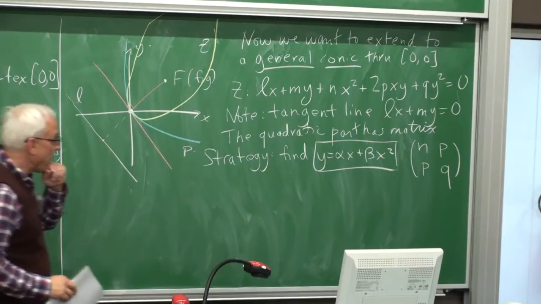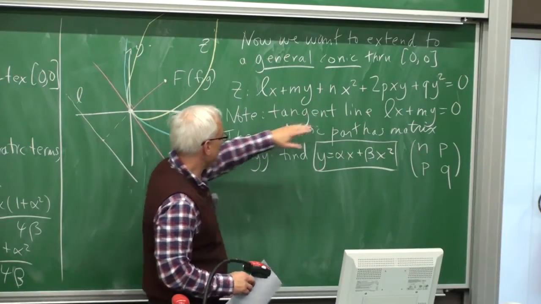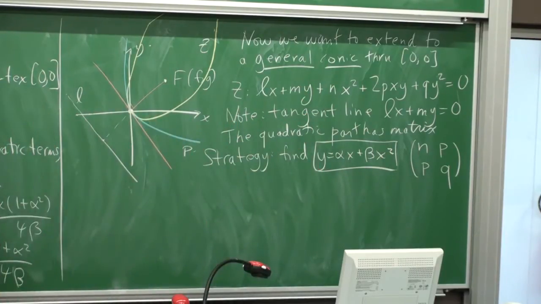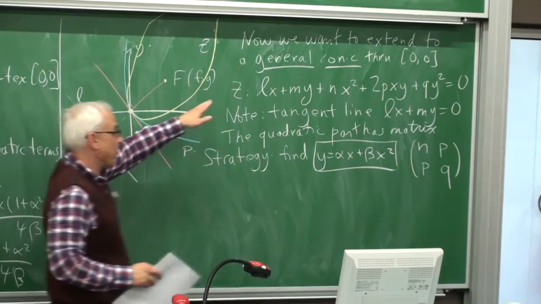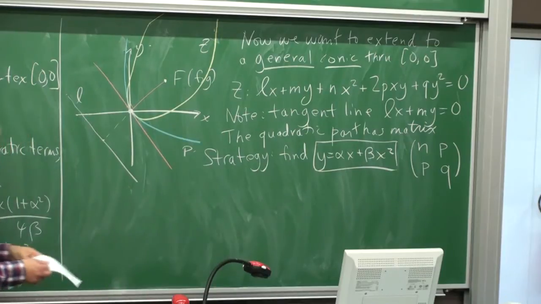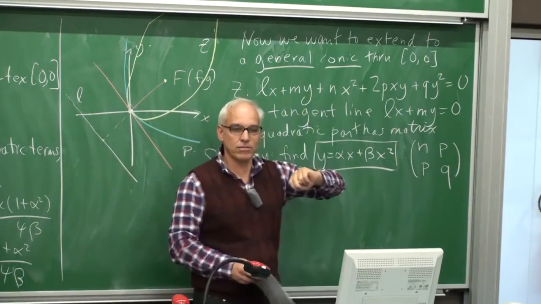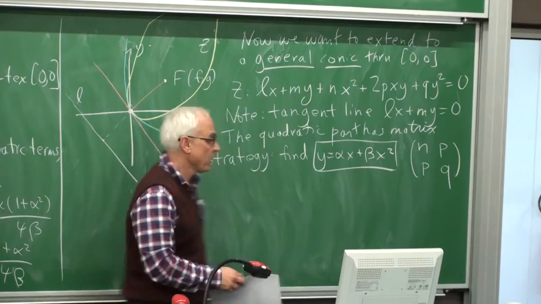So how are we going to find the function that agrees with this conic? Well, it means that it has to satisfy the conic up to quadratic terms. So we have to plug in and see what alpha and beta have to be in terms of L, M, N, P, and Q. So let's do that.